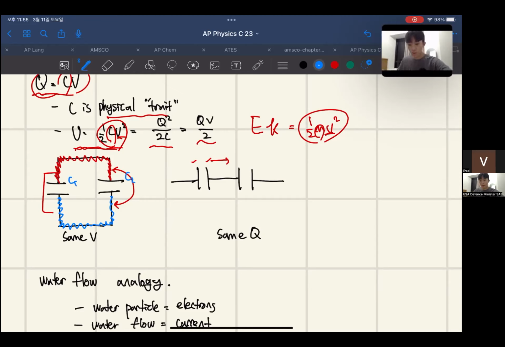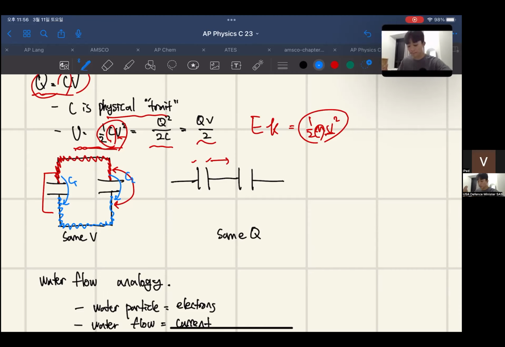This means the amount of voltage that drops through C1 and the amount of voltage that drops through C2 should be the difference in voltage between the red part of the circuit and the blue part of the circuit. In other words, the voltage drops through C1 and C2 should be the same. Thus, the voltage V is the same across the capacitors when they're connected in parallel.